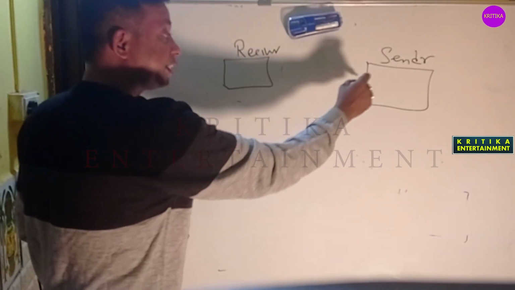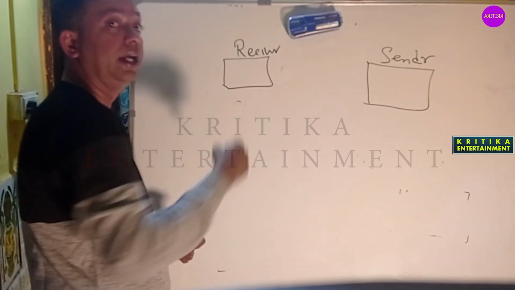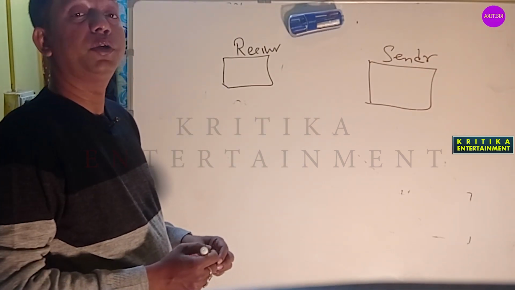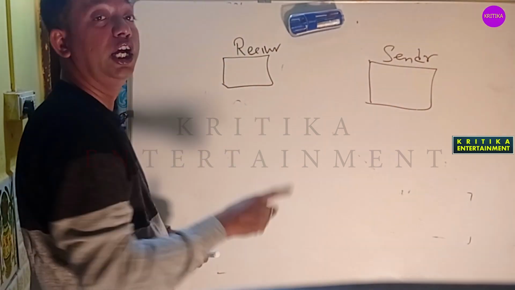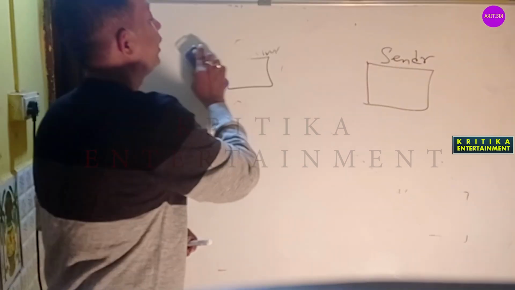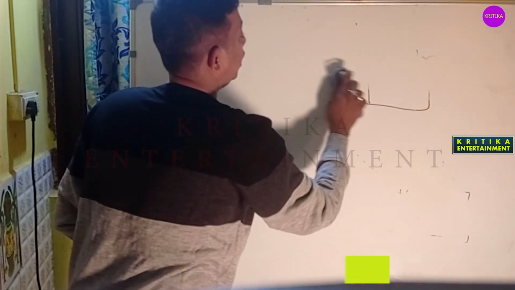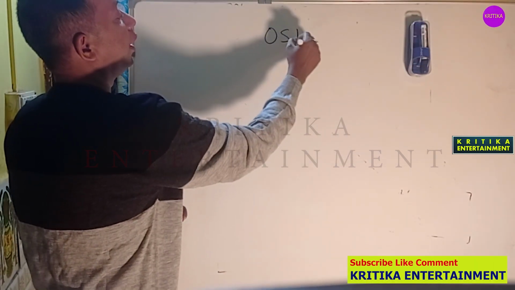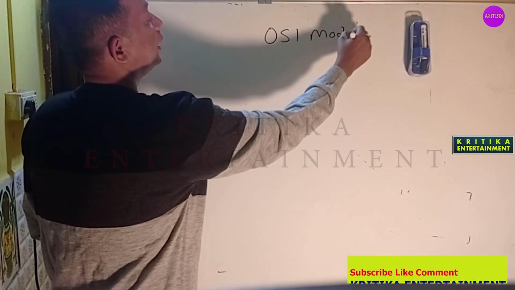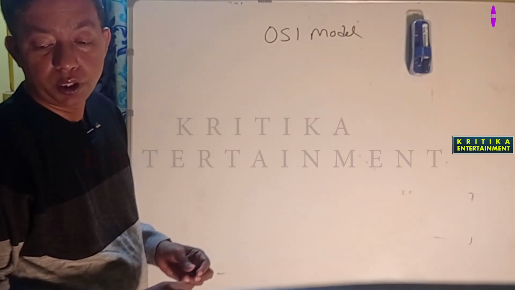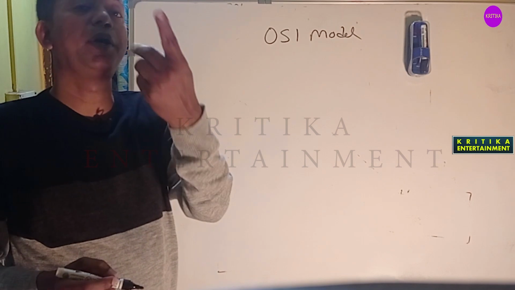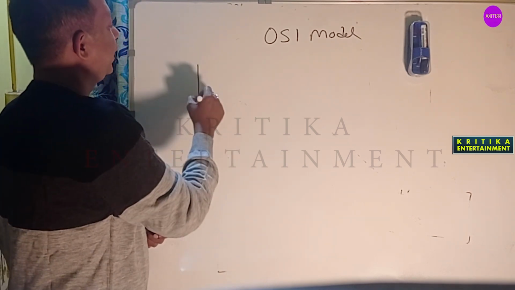When you want to send data between these two machines, it will follow the OSI model. Then I will discuss the OSI model. In the OSI model there are 7 layers, but 3 layers are combined into one layer, which I will call the presentation layer.